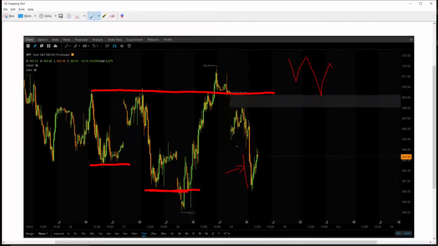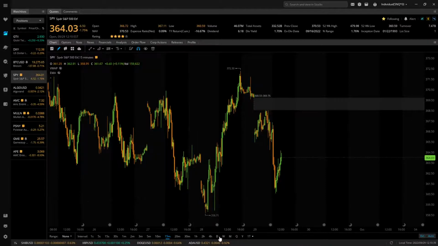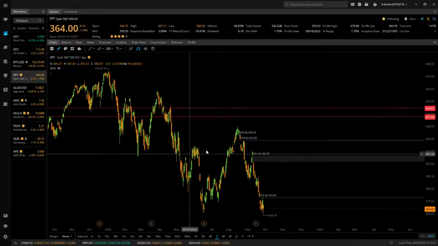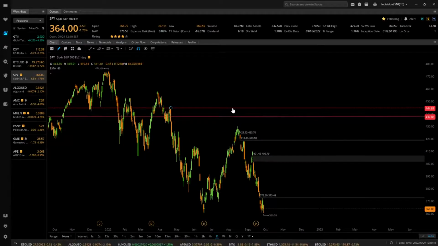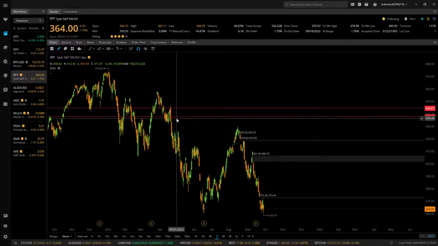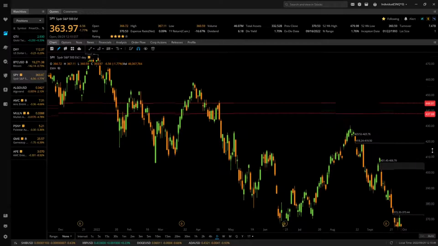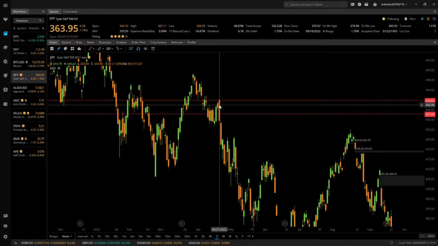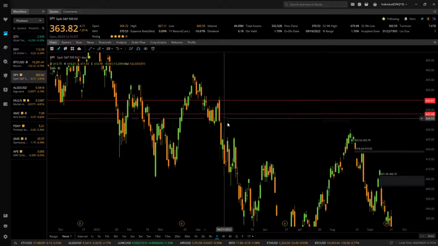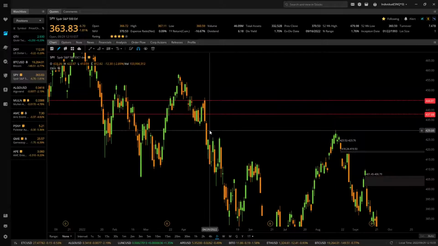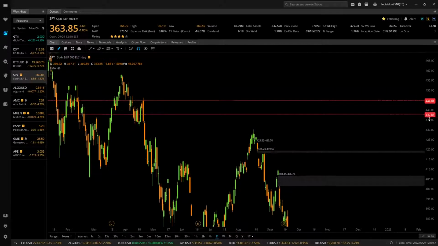Now, the reason I say that relates to the macro case. I need to keep these lines here because they are very small gaps that I plotted a while ago, and they're still there. Interestingly enough, they're basically at the top of 421, April 21st, where we saw that ginormous move down.